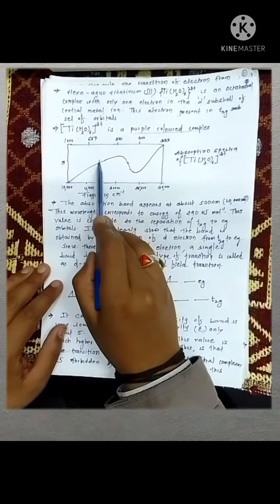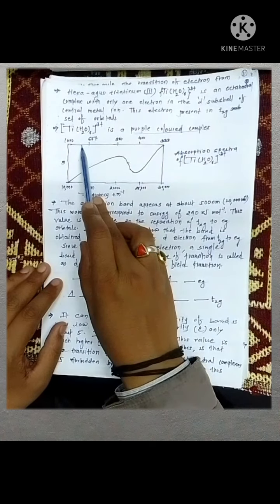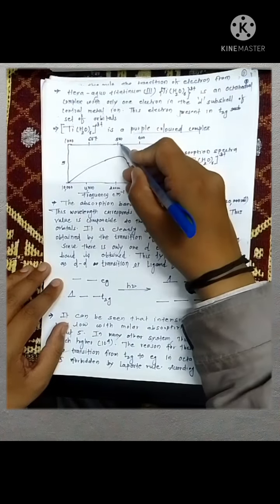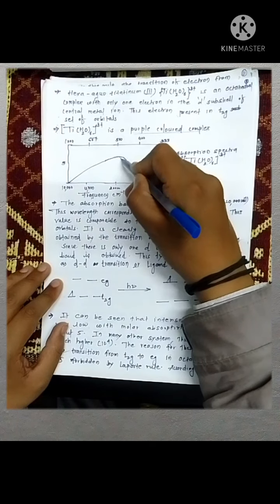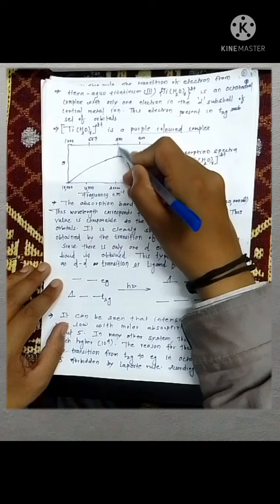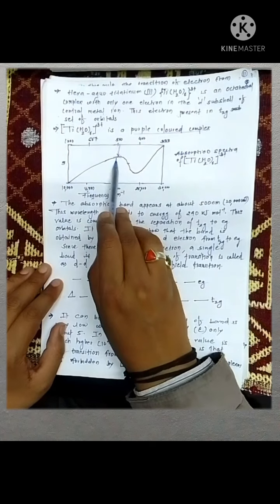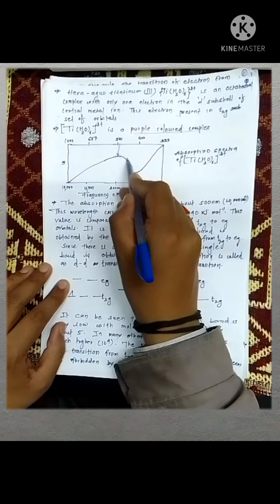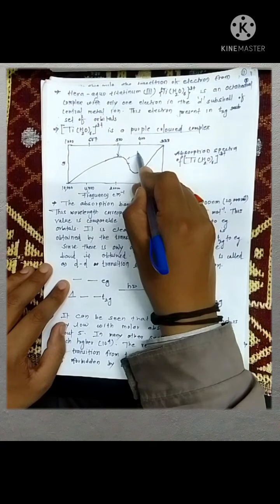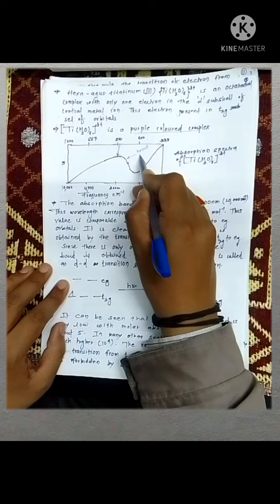So this is the absorption spectrum of the hexaaquatitanium(III) complex. In this complex, we see a hump nearly at 500 nanometer, that is the absorption maximum. Students should note that this is not a single line, it is a broadband signal.